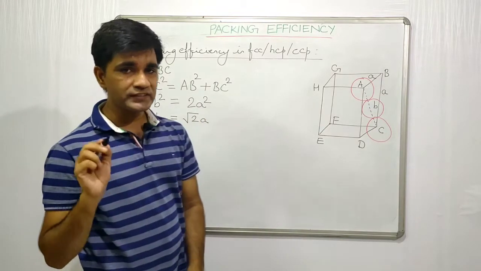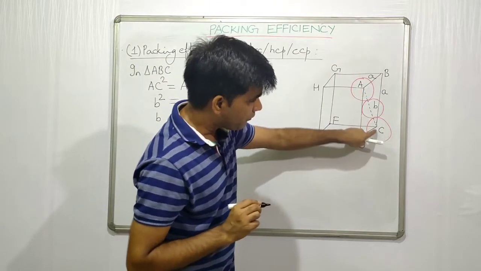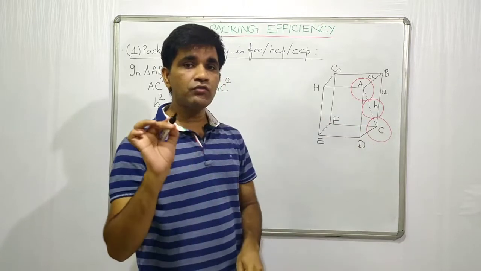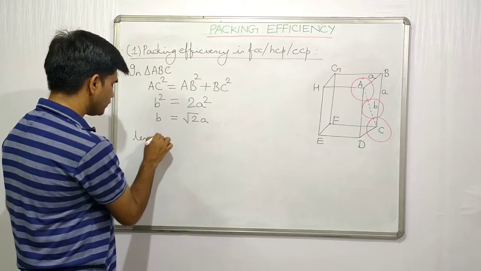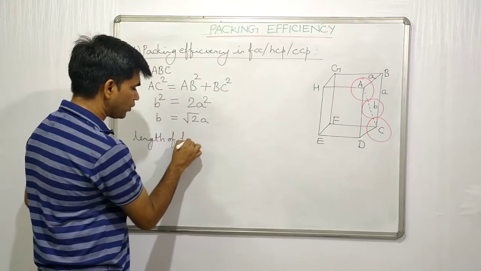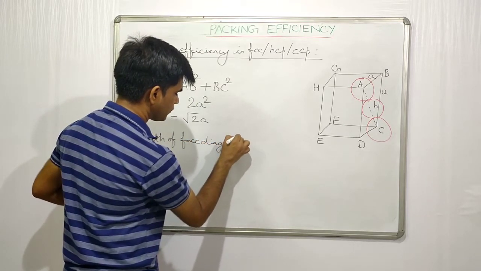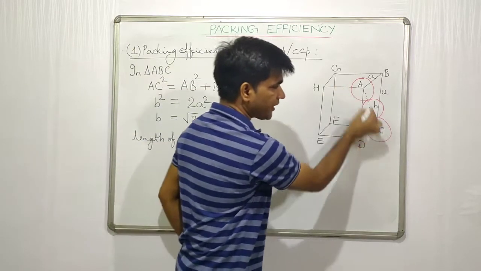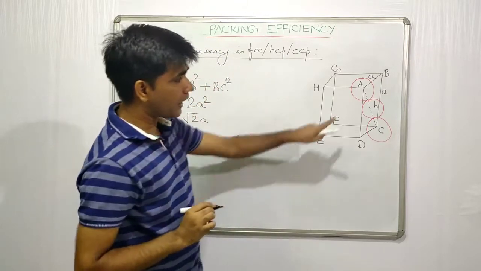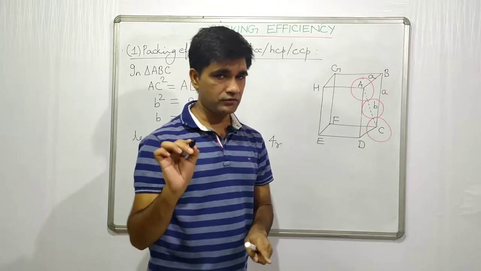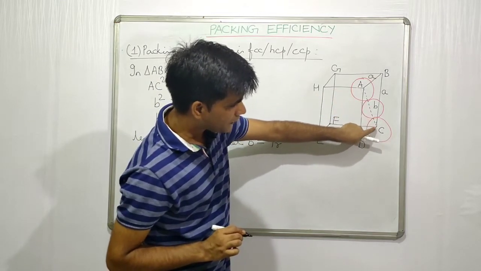Students, now you can see here in the diagram that this face diagonal b is equal to 4r, where r is the radius of the sphere. You can see here, this is r, this is 2r, and this is again r.